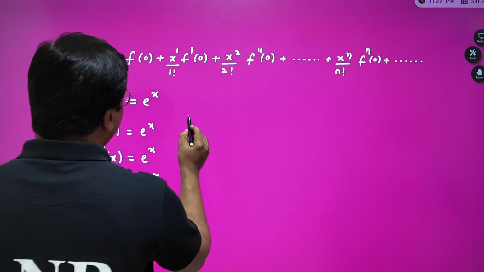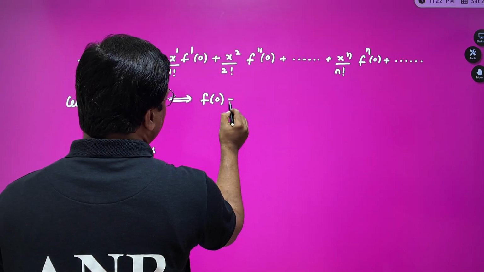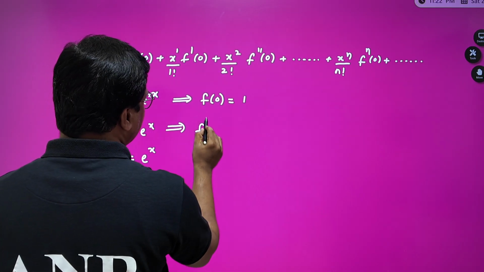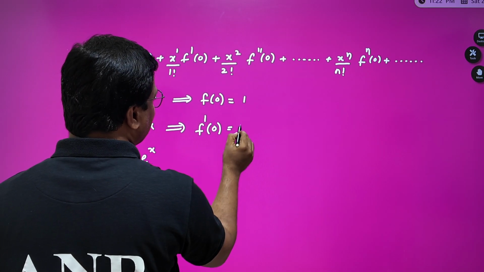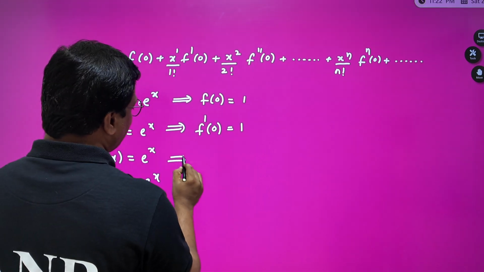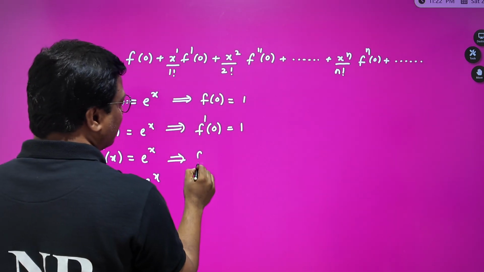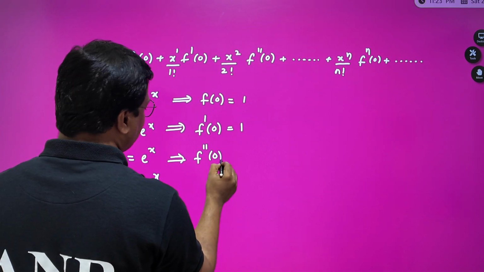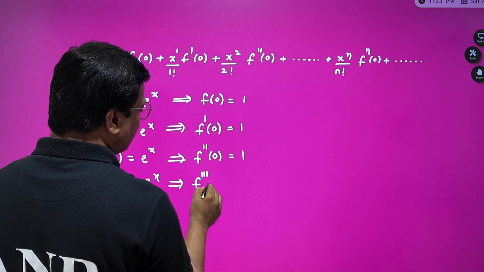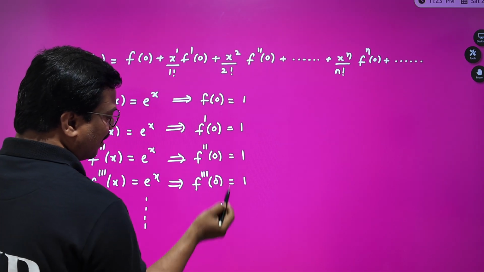The value of f of 0, that is e power 0, becomes 1. Next, the first derivative at x equal 0 is also 1. In the expansion, we need f of 0, f dash 0, f double dash 0, which is also 1. On continuation, the third, fourth, fifth derivatives at x equal 0 become 1.